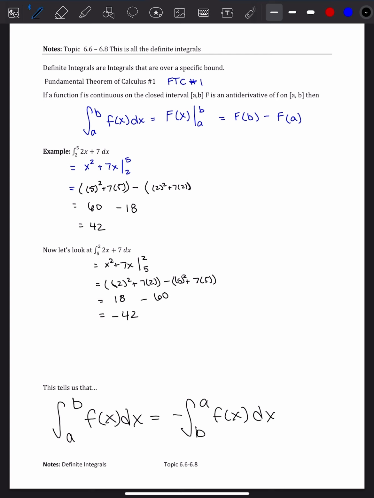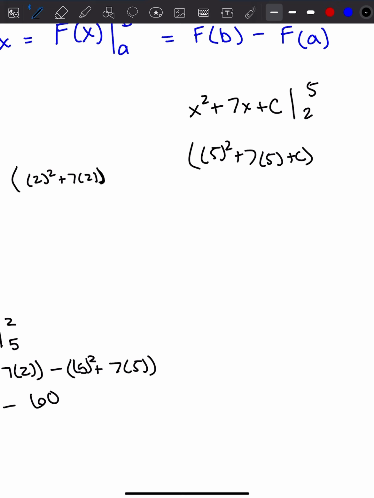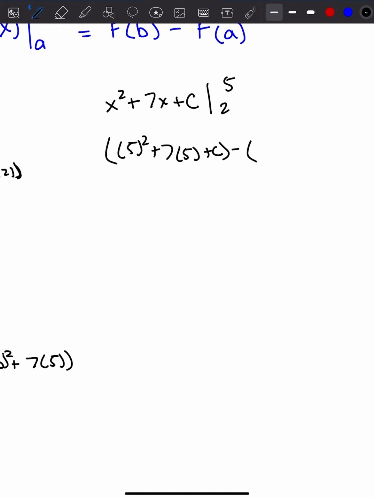One thing to also note here is that we don't need our plus c anymore. The reason being, if I were to add in this plus c, so do x squared plus 7x plus c from 2 to 5, and plug that in, 5 squared plus 7 times 5 plus c, minus 2 squared plus 7 times 2 plus c.